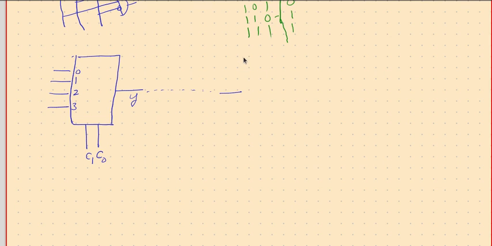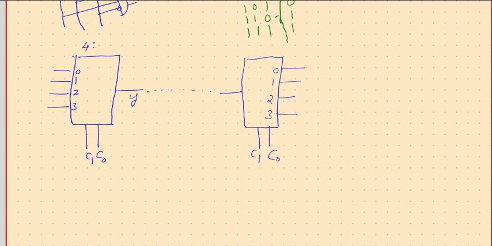So that's a multiplexer, and the main application of a multiplexer is, instead of having four lines to communicate between two ends, we can make use of a single line to communicate.